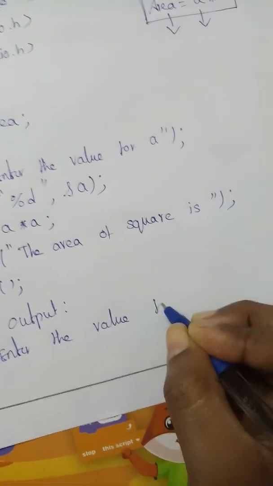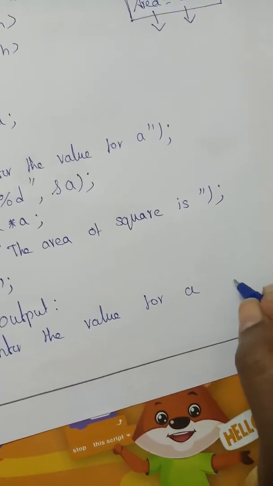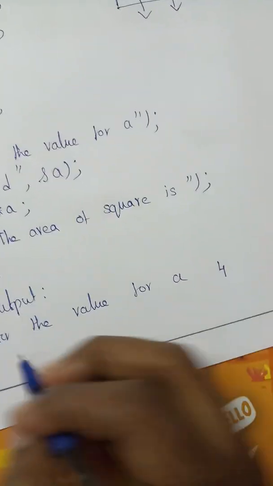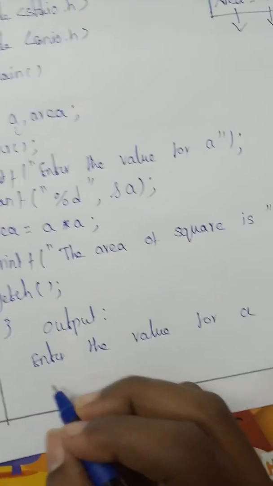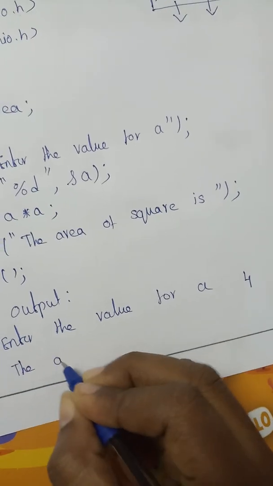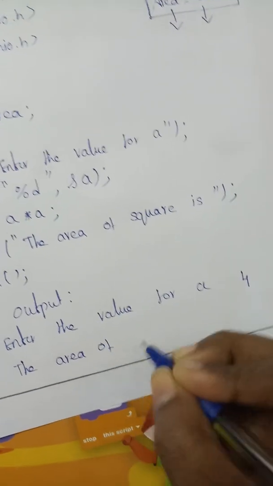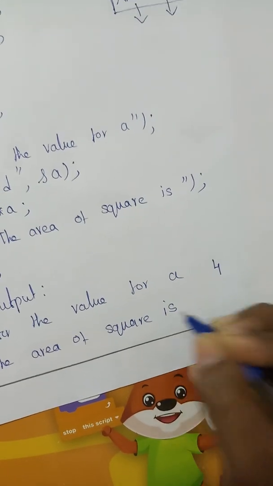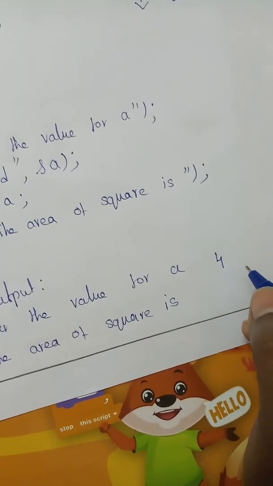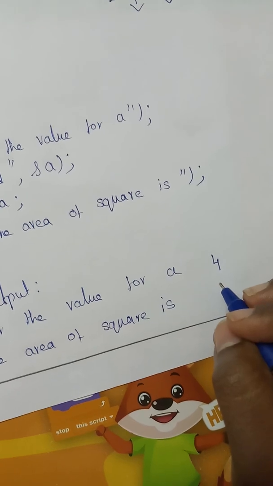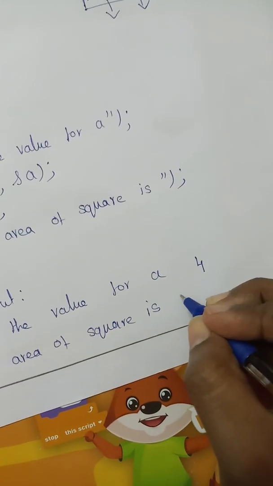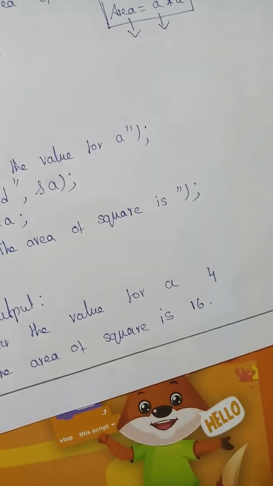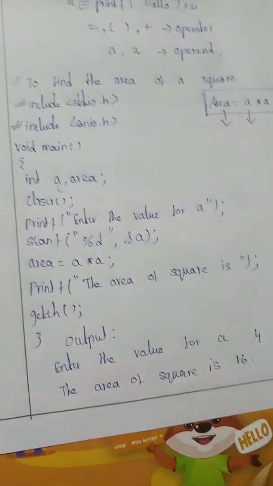Here I am giving 4. Then it will give the output. The next printf is the area of square is, so 4 into 4, 16. Yes, 4 fours are 16. Okay, this is the output.